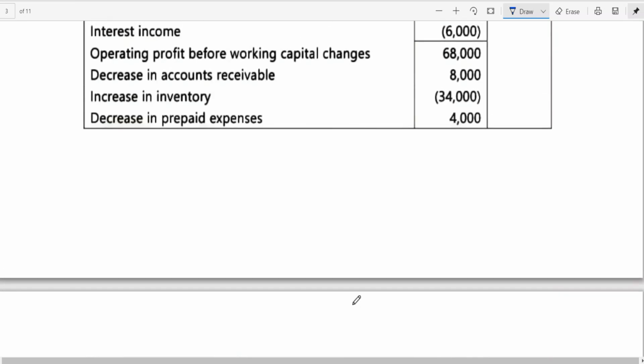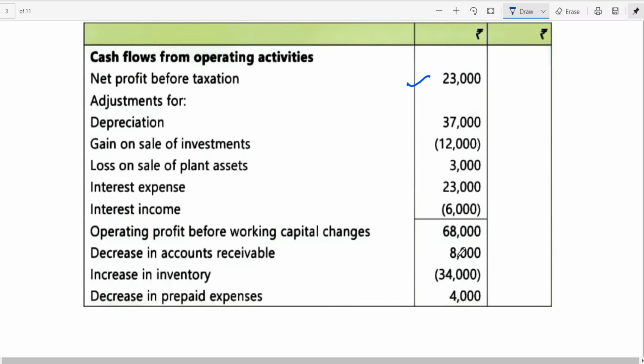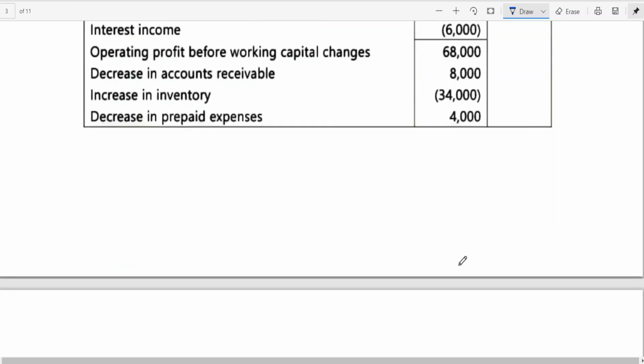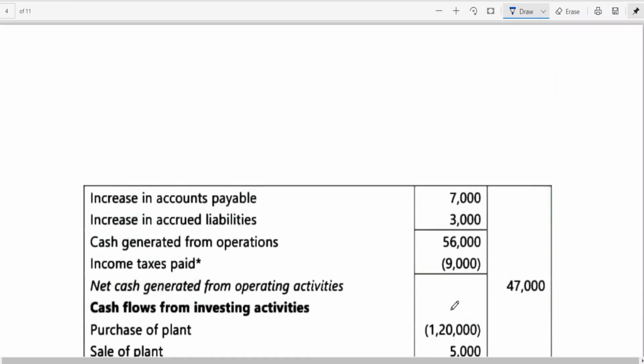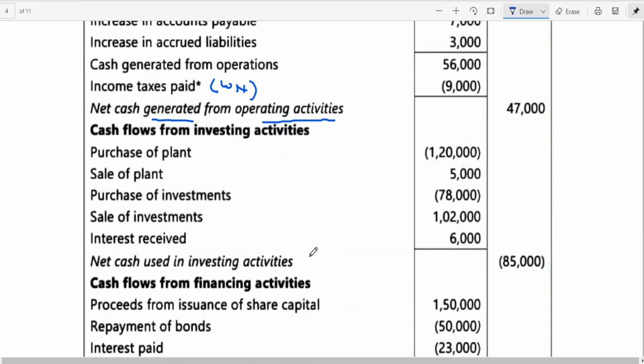So if you look into it, for this operating profit before working capital changes, if you add all changes in working capital, you will be getting cash generated from operations, and from that income tax paid, we have done a small working note how to get that 9,000 rupees that has been put a star is nothing but working notes. So 9,000, then you are getting net cash generated from operating activities. If you are getting negative, we can say net cash used in operating activities we can write.